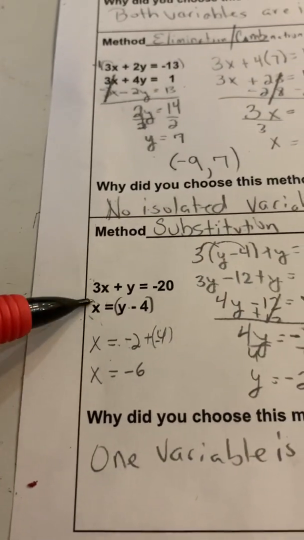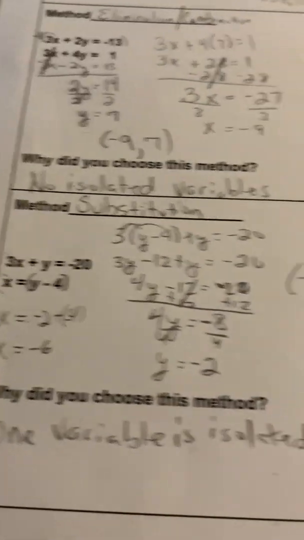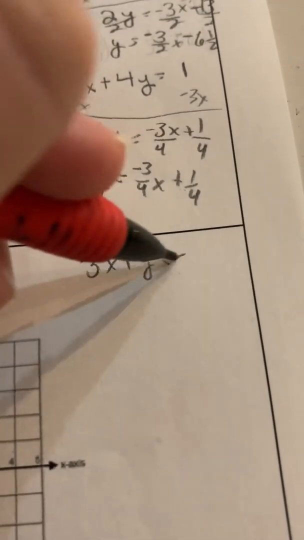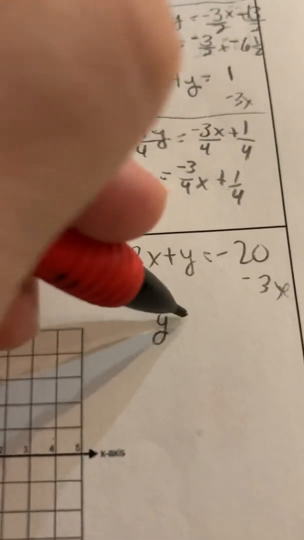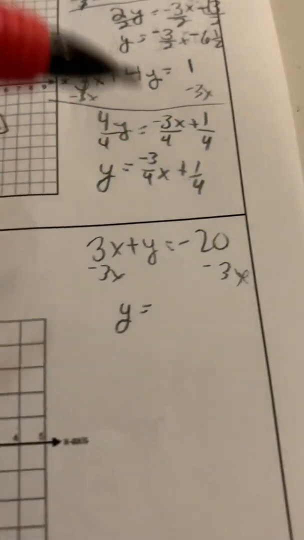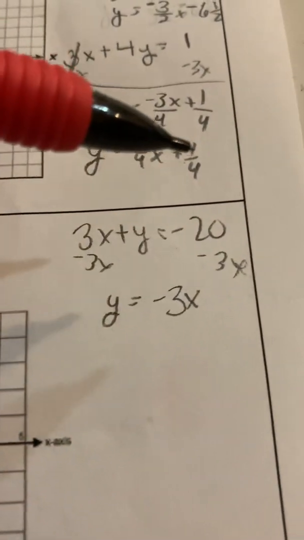So now when I go to graph these, I still want to put them in slope-intercept form. So I'm going to rewrite the equations over here. 3x plus y equals negative 20. And I'm going to subtract 3x from both sides. And I'm going to have y equals negative 3x minus 20.